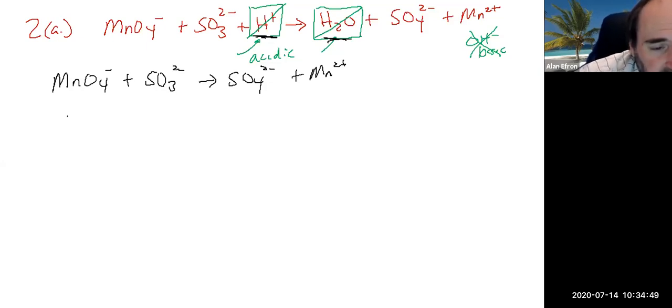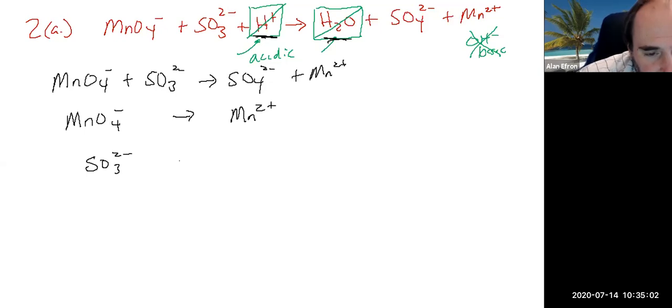So that means we're going to split it off into our half reactions. We're going to take the two things that look alike, and the other guy is this. We could also figure out what is going on in terms of oxidation numbers. Oxygen here is -2.